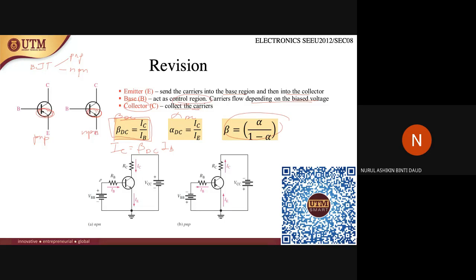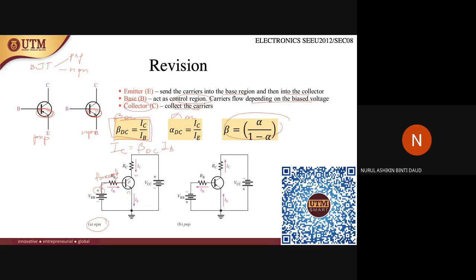So this is an example of current flow in an NPN type. The external voltage VBB at the base part makes the current flow here. Since this is N, P and N, at this junction it is forward. Why is it forward?